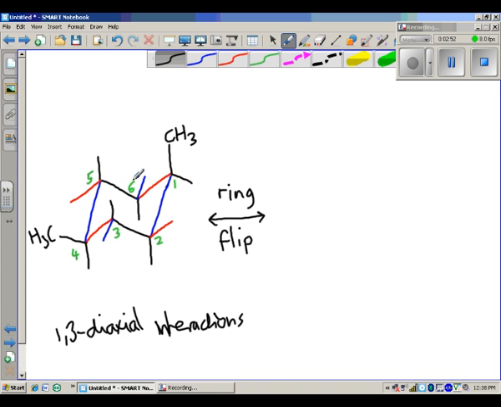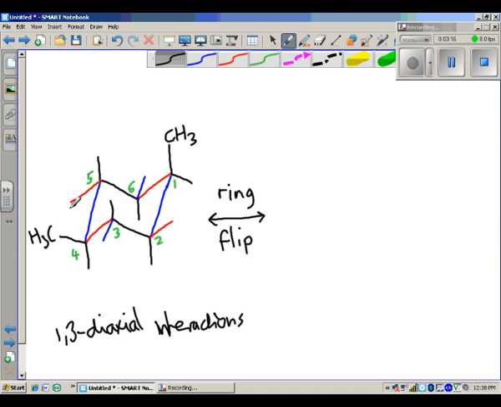Basically groups that are too close to each other, bumping into each other and saying, get out of my space. And for anything that's equatorial, you can see it's already pointing away from the ring, essentially in its own direction. So this equatorial group is not going to interfere with this one, and unless this one's particularly big, it's not going to interfere with this one either.